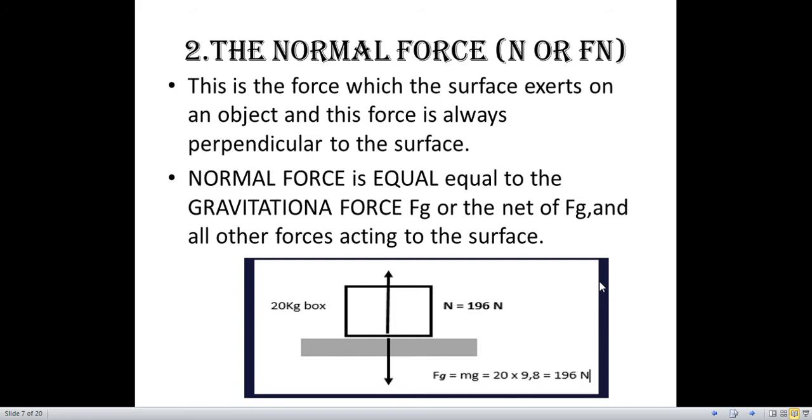That's your normal force, the one that is going up there. And then you have your 20 kg box with the normal force of about 196 newtons. If you know your normal force, automatically you know your force of gravity, because they are equal.